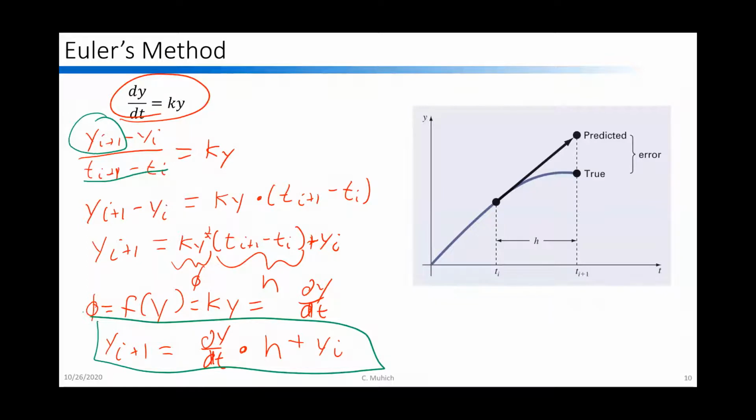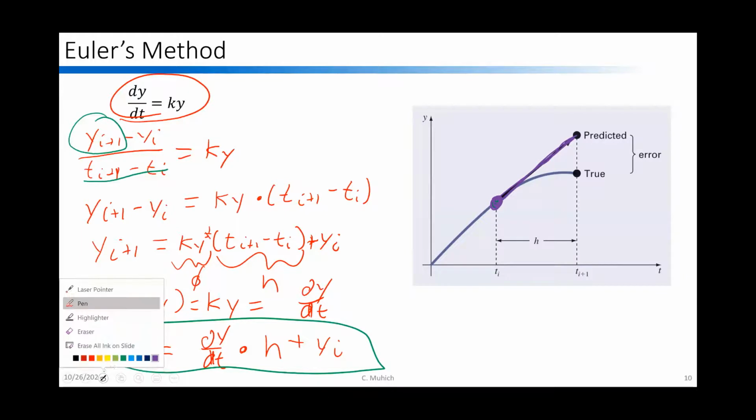Now, before we go in and do an example, let's just look and see what might happen. If I'm sitting at this point here, and I take this derivative, I'm going to get a straight line, right?